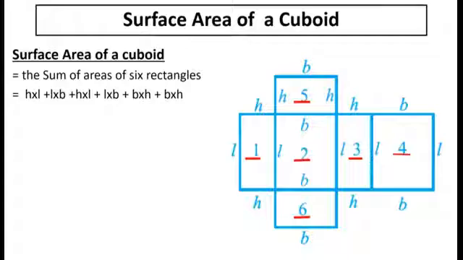But we can see here that L into B is coming twice. Similarly, B into H coming twice. Also, H into L coming twice.